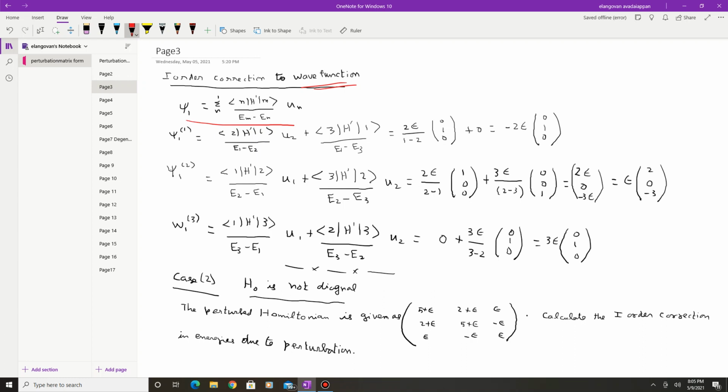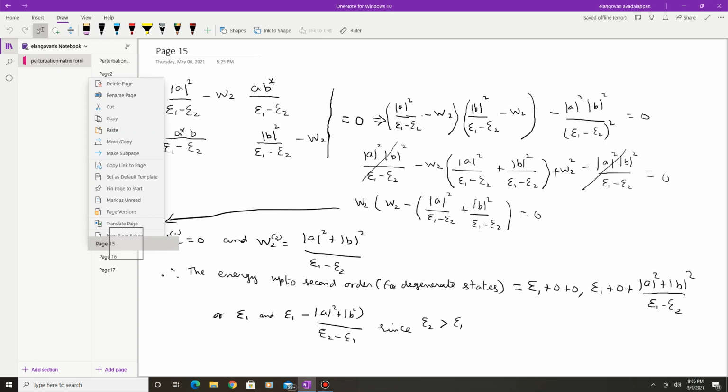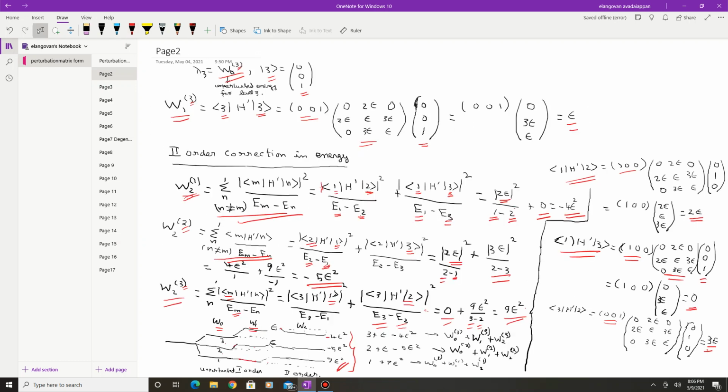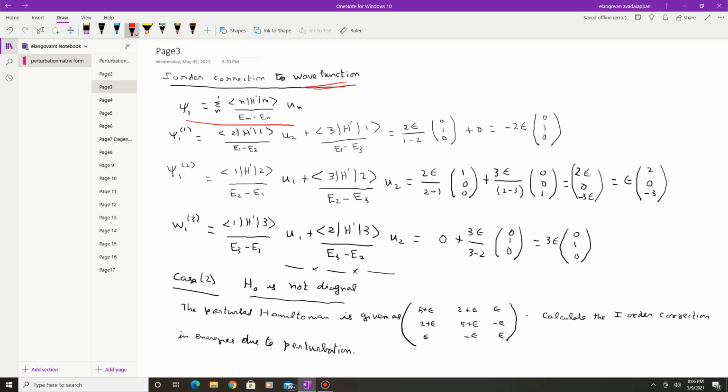Psi 1 is equal to summation over n prime, n|H'|m divided by Em minus En, times the state n.